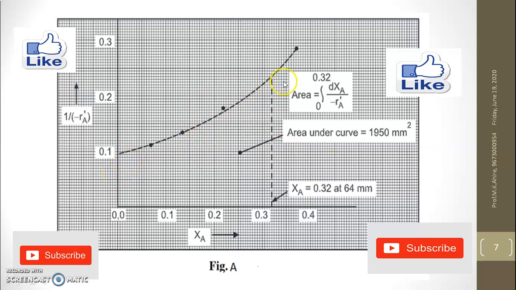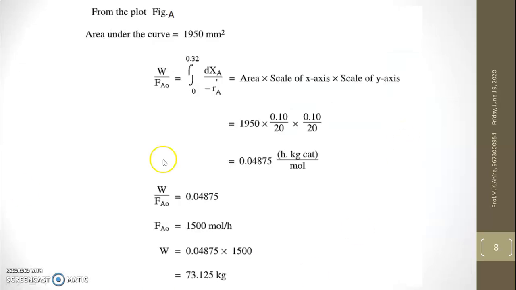As it is a plug flow reactor, we will use the area under the curve within 0.32, because 32% conversion is required. We draw a vertical dotted line from 0.32 and do the total area calculation. The area under the curve is 1950 mm square. So W upon FA0 is the integration from 0 to XA of dXA upon minus RA.